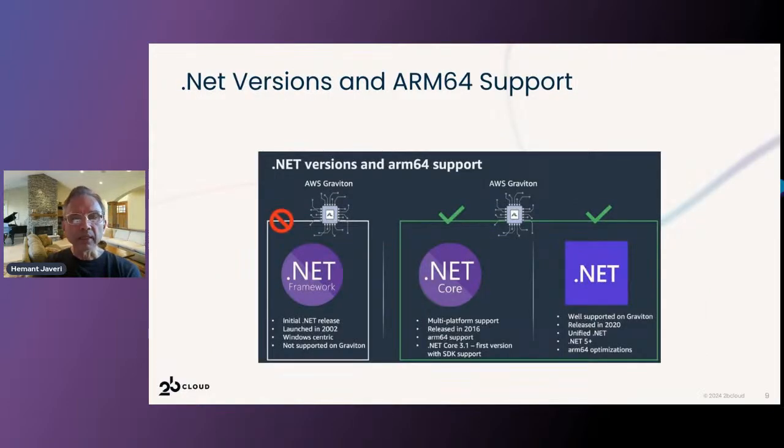These are the .NET versions supported on the Graviton processor. As you can see, the old legacy .NET Framework is not supported, but .NET Core and the newer versions of .NET are supported today on the Graviton processor.